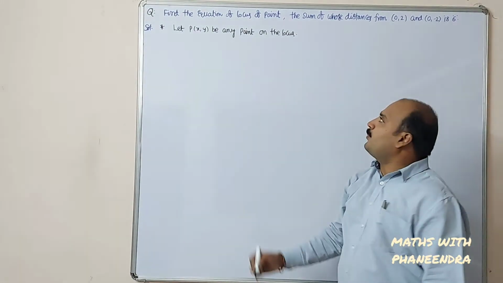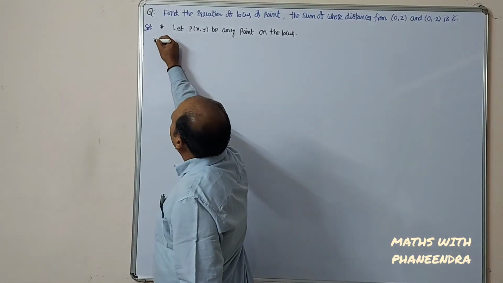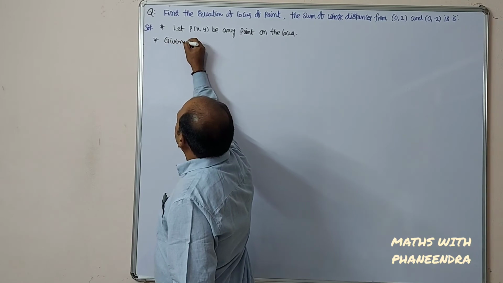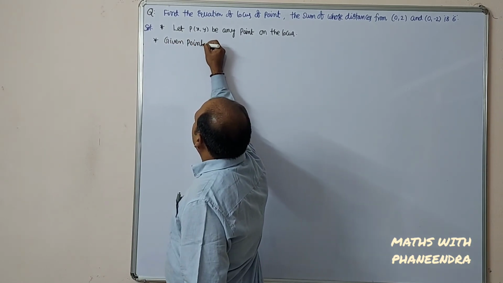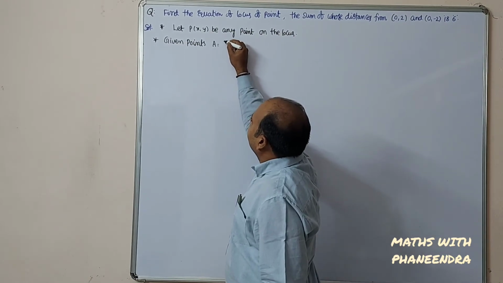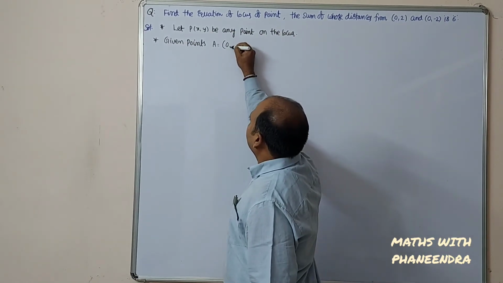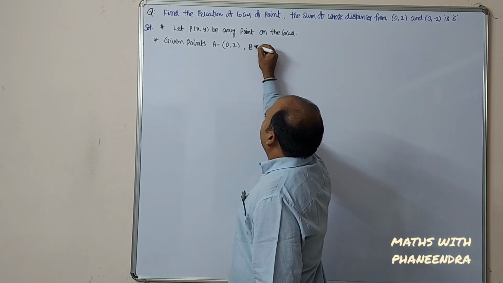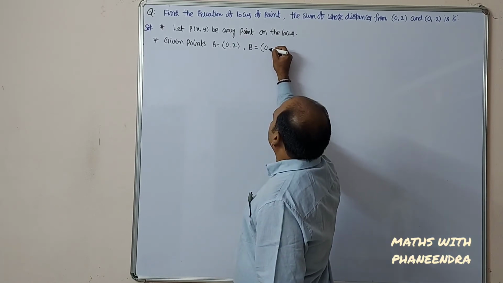Given points, we can assume that one is A, another one is B. They did not mention, we need to take that. A equal to (0, 2), B equal to (0, minus 2).